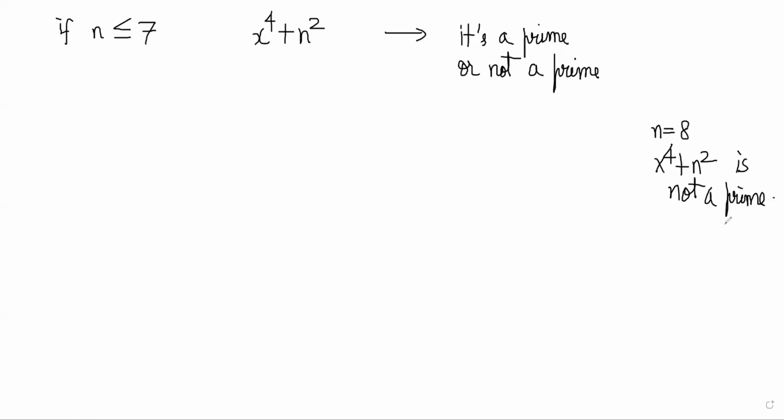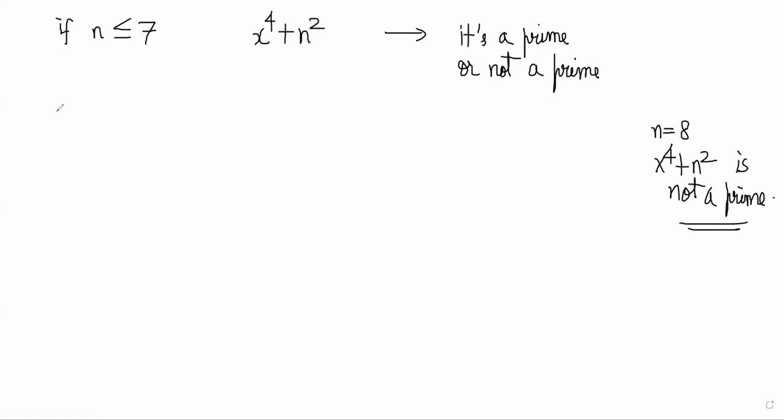So we have to check this for any given integer x. The question wanted us to find the least positive integer n such that for any integer x, the number should not be a prime.